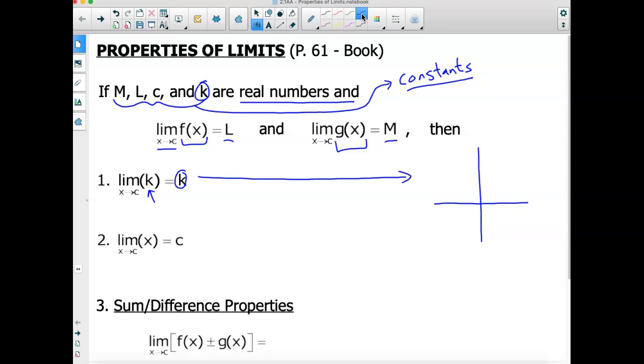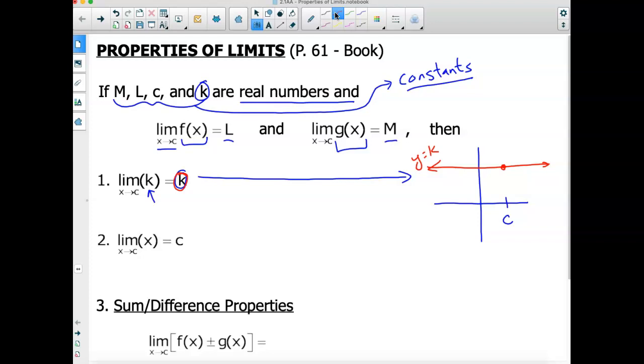Here's my value of c. That's the x value I'm approaching. Say it's right here on a graph, okay? And let's say it's constant because k is a constant. That's just a horizontal line at y equals k.